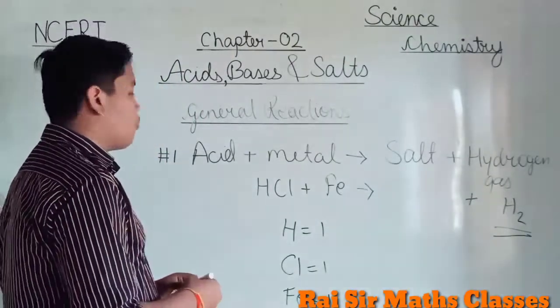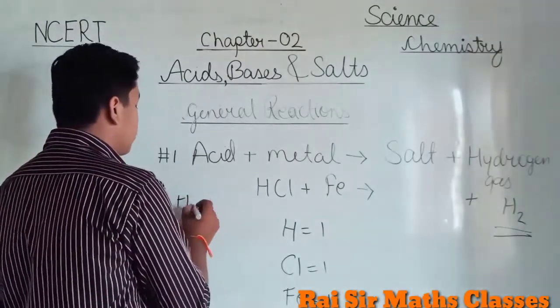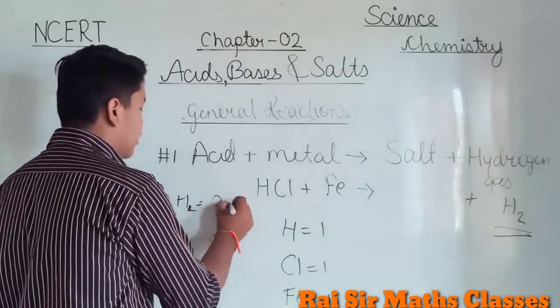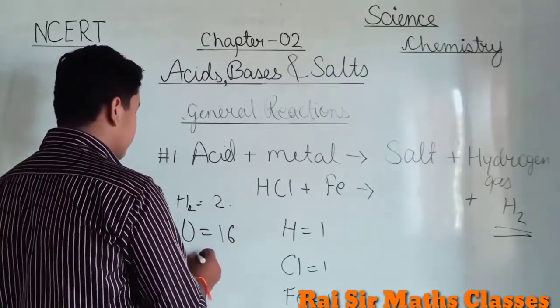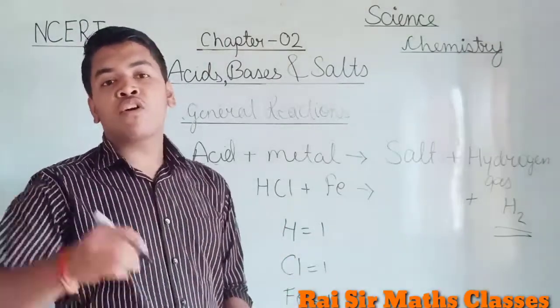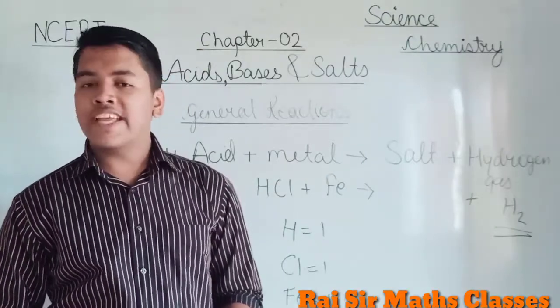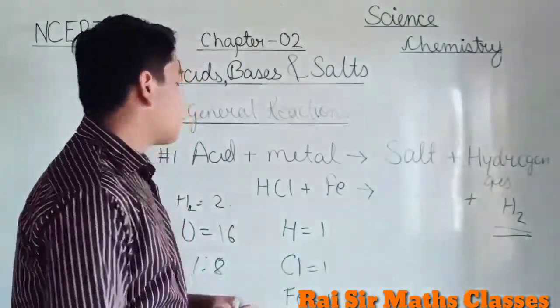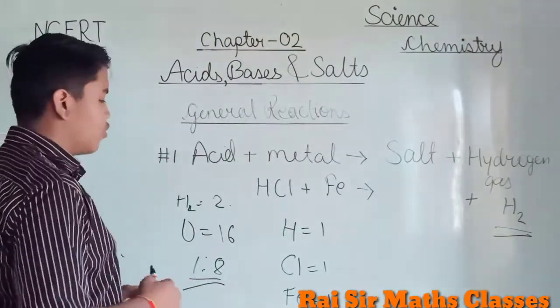In water, H2O, hydrogen is 2 and oxygen is 16, so they combine in the ratio of 1:8. If you take water from the sea or from melting glaciers or ice, in every sample of water it is combined in a ratio of 1:8.